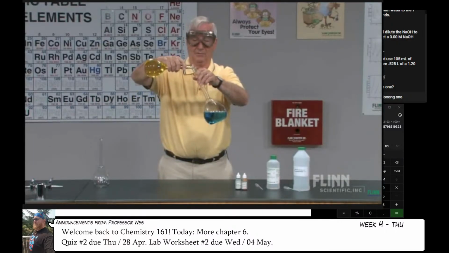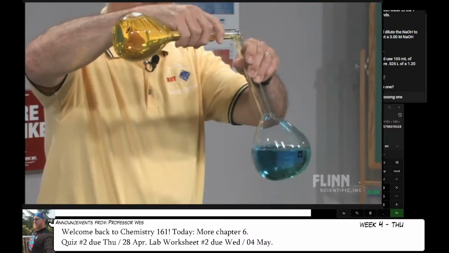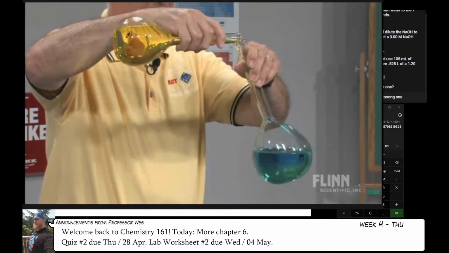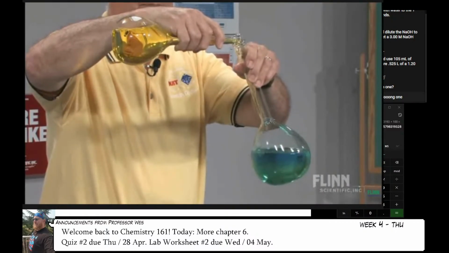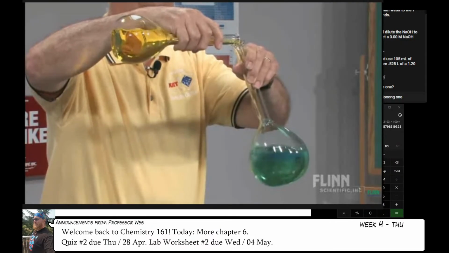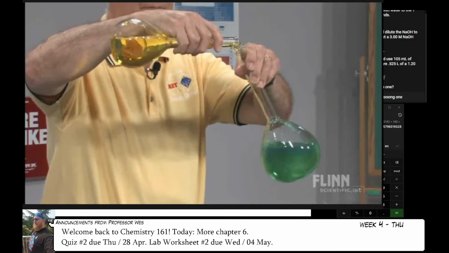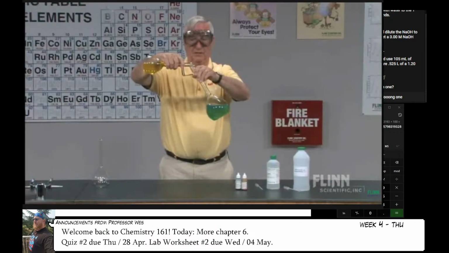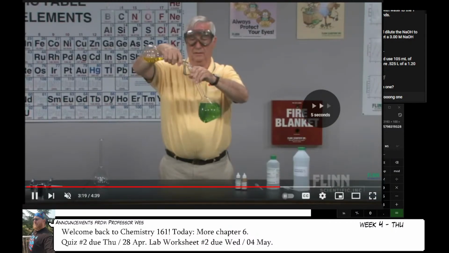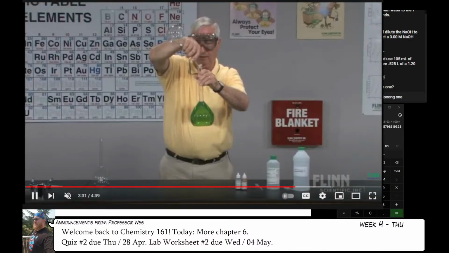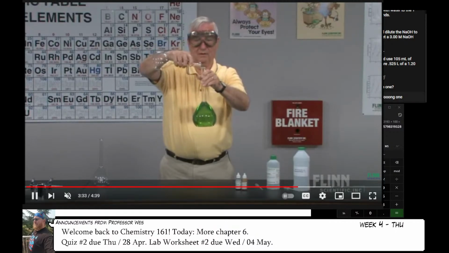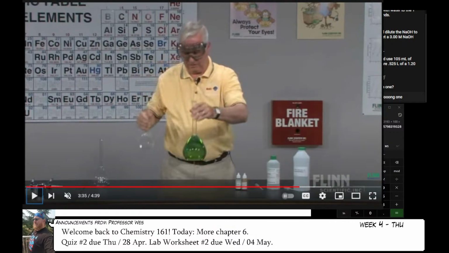We're going to transfer the next 500 here. And 500 plus 500 should equal 1,000. But as we're going to see, there's an issue. Now, the solutions are being mixed together. Yellow plus blue does make green, so we have combined them. They are not reacting. Ethanol and water do not react with each other. And there we go. You're going to look at the second solution here.